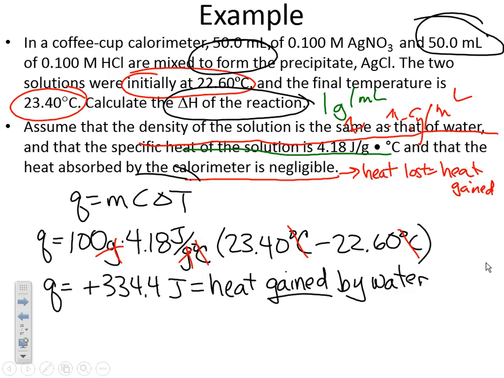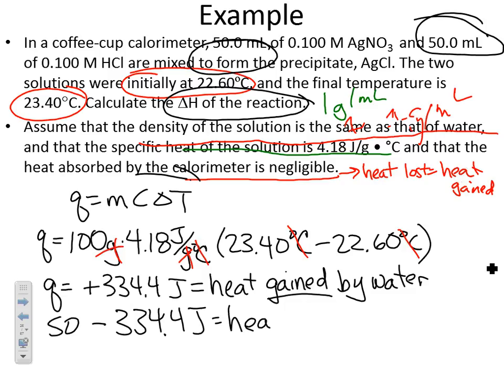Why did the water gain that much heat? Because the reaction must have lost that much heat. The reaction must have lost 334.4 joules worth of heat in order for the water to gain 334.4 joules of heat.